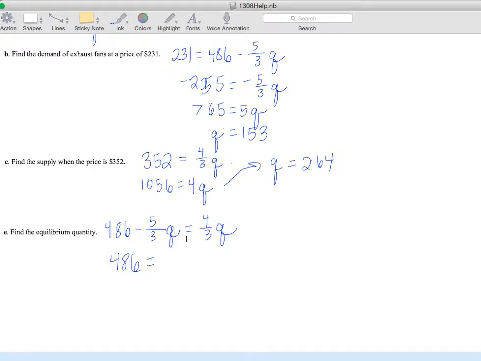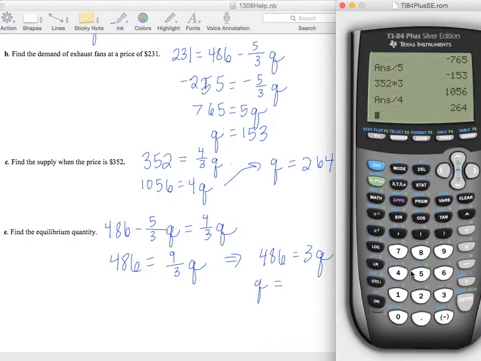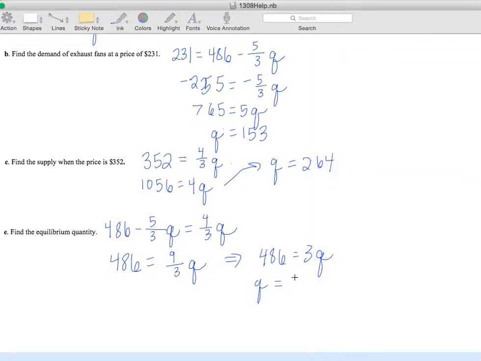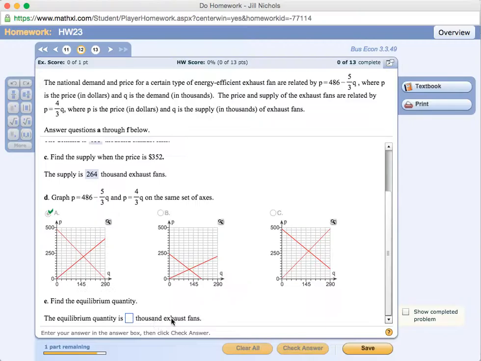So 4/3 Q plus 5/3 Q is 9/3 Q. Well, that's just 3Q. So that's 486 equals 3Q. So dividing 486 by 3 gives 162 as the equilibrium quantity, 162,000.